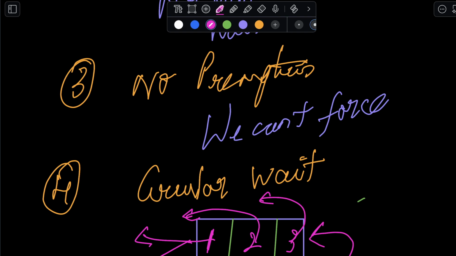So Peterson's solution is basically a theoretical thing, right? Okay, so let's see what all problems we can have when we have multiple processes, right?